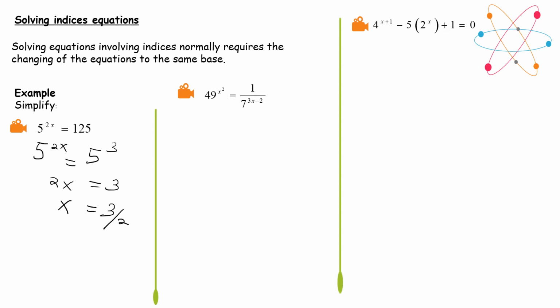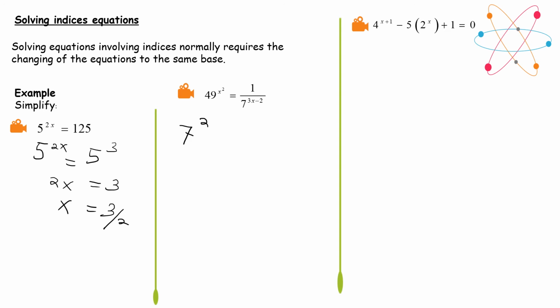For the second question, 49 power of x power of 2 equals 1 over 7 power of 3x minus 2. So we have to change the base to base 7. 49 is 7 power of 2.